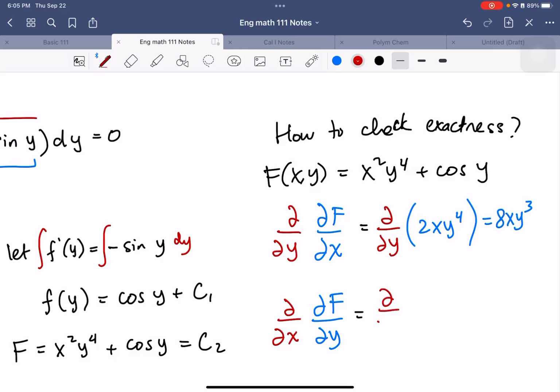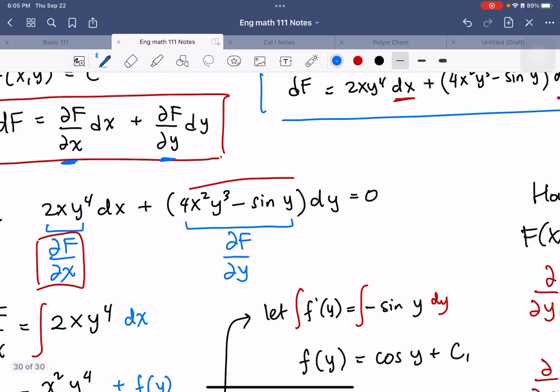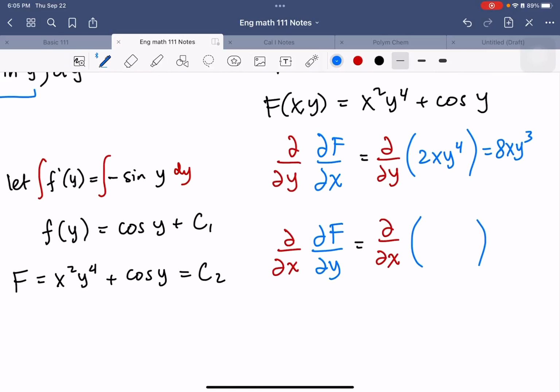Okay. Now this one we take the derivative with respect to x. The f y is this one, the whole thing here. So 4x squared y cubed minus sine y.